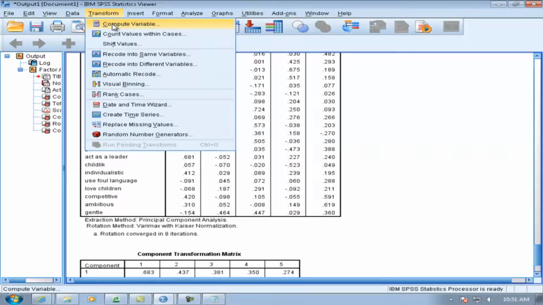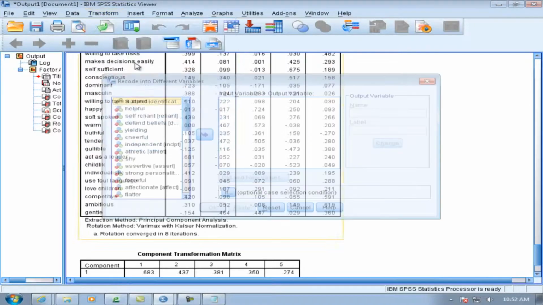I'm going to recode the same variables, but I wonder if I should give it a new name so you can see what it is. If I do it in different variables, it's going to put it on the very end. I think I'll do that so you can just see what happens.